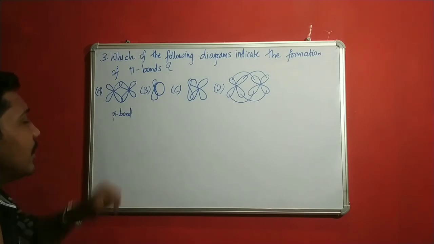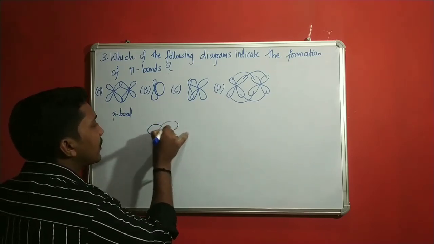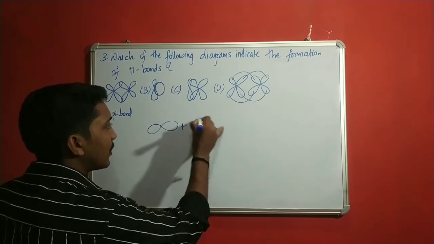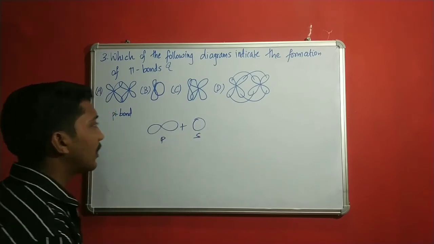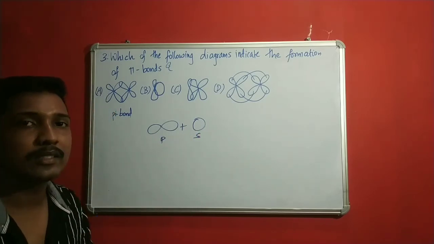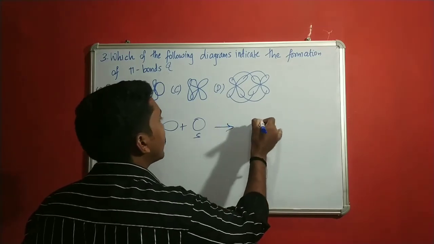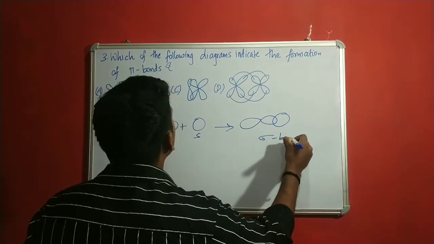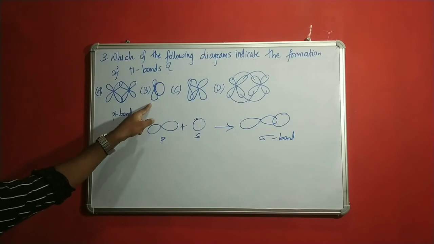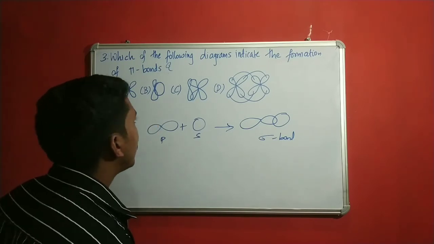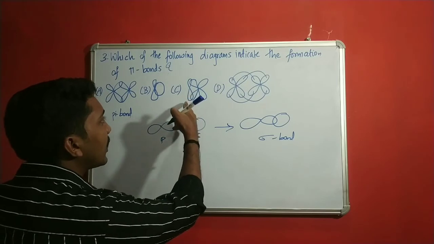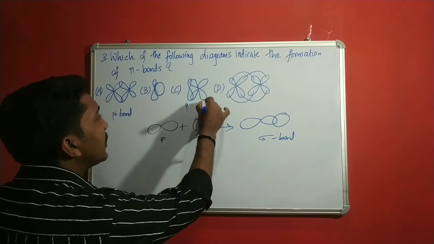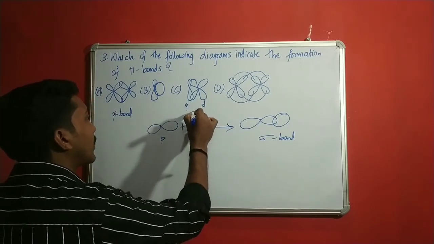Coming to option B, p orbital double shape plus s orbital. They can overlap only head-on and form like this. So this is a sigma bond. So option B is not a pi bond. Coming to option C, it is clearly showing a sideways overlapping of p and d orbital. That is also correct.